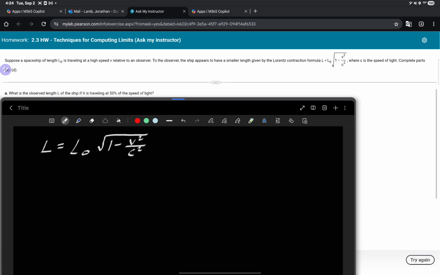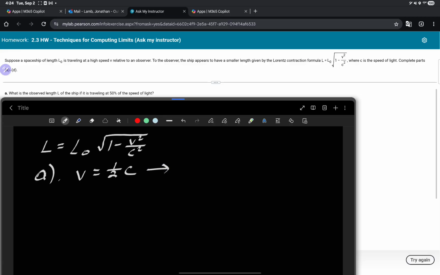at 50% of the speed of light. So what we're given in part A here is that v is equal to 50%, or I would prefer to say 1/2 the speed of light.